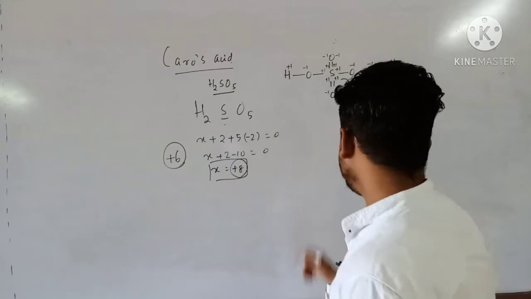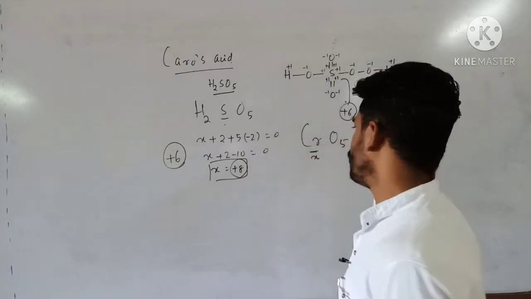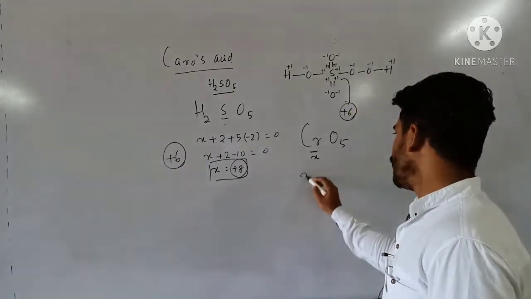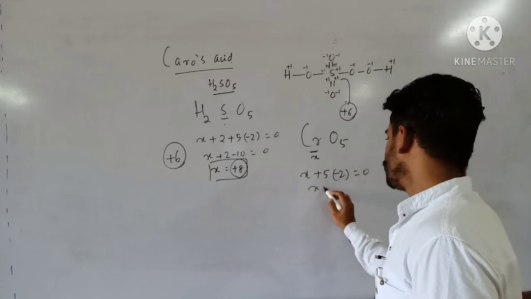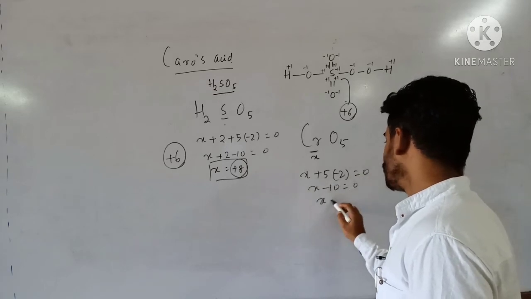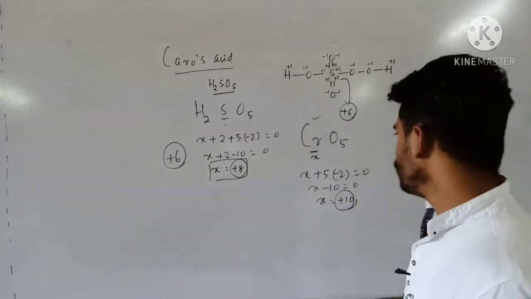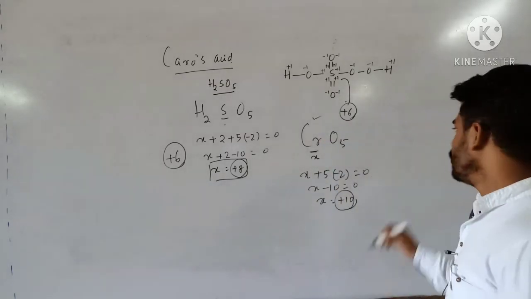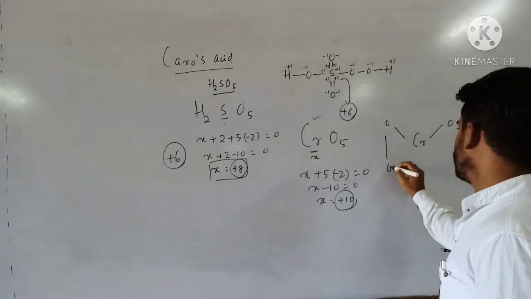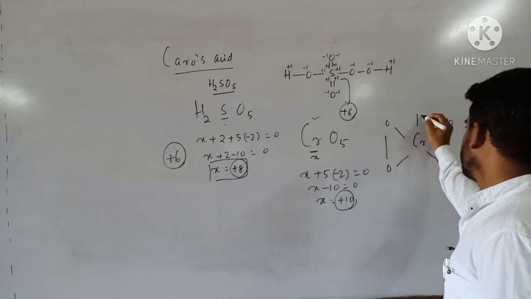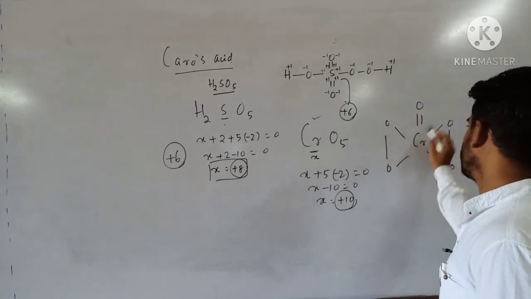Similarly, if I need to calculate for CrO5, what is the oxidation number of chromium over here? If someone calculates x plus 5 into -2 equals 0, so x minus 10 equals 0, so x is equal to +10. +10 is not possible for chromium. So in this case we have to consider its structure. Its structure is like this. This is called the butterfly structure.